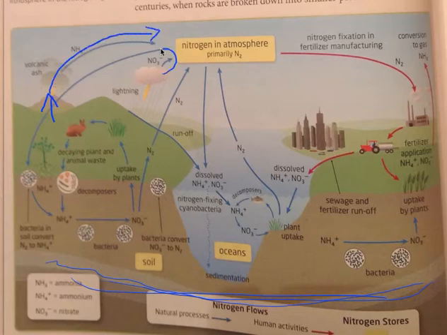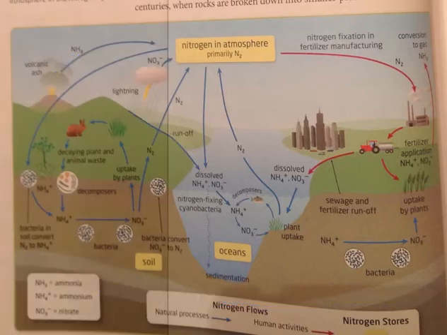Also, one interesting thing to keep in mind is that lightning can take the nitrogen that's already in the air and turn it to NO3. And the ash and whatever can run off into the water too. So they're just showing how everything is connected.